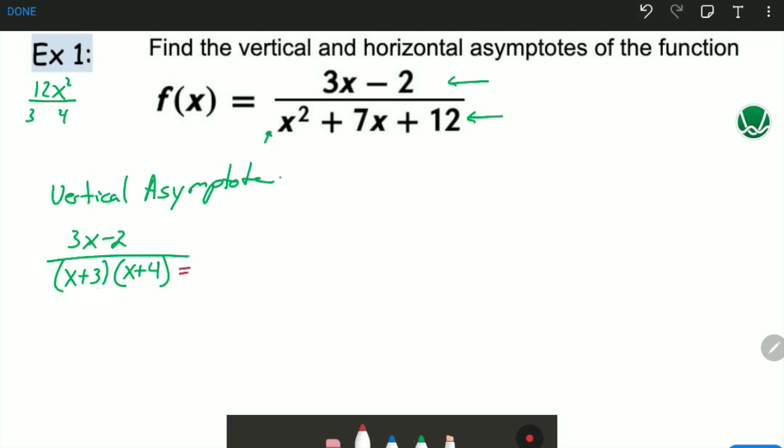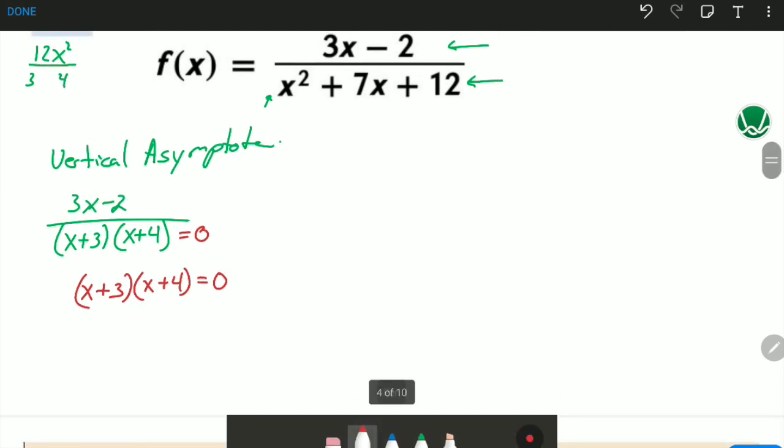So we'll apply the zero product property, setting the bottom of our fraction equal to 0. So x plus 3 times x plus 4 equals 0. Because again, vertical asymptotes come from where the bottom of the fraction is equal to 0, but not the top. Since the factors are not the same on the top and bottom, they won't have any overlapping places, so we just have to focus on the bottom here.